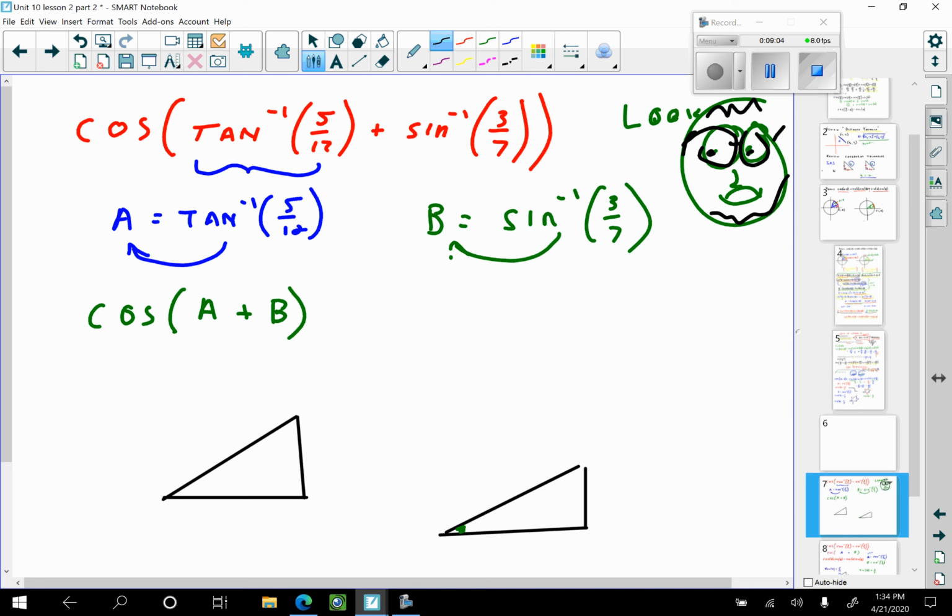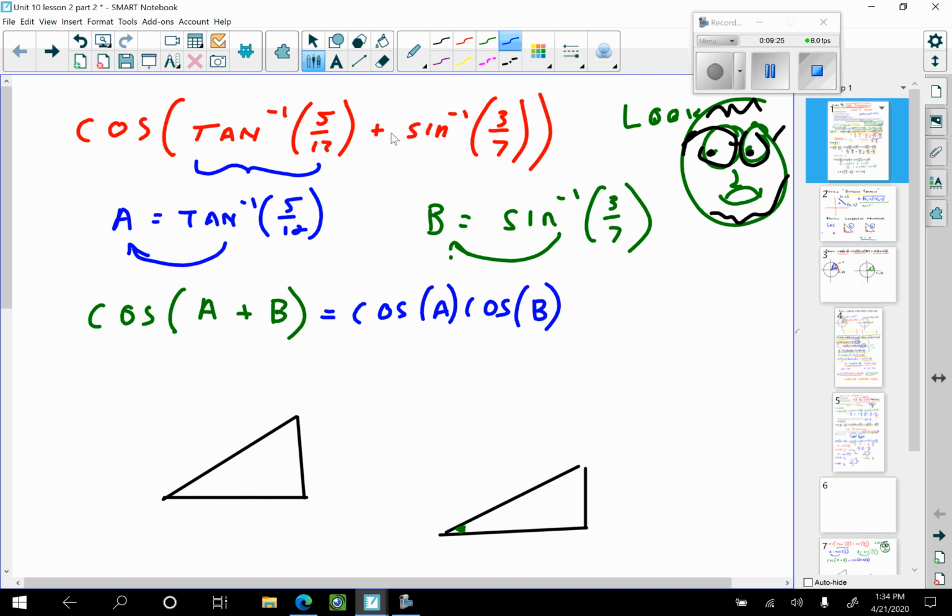This problem here is going to look exactly like this problem. Okay, so what's the cosine of A plus B? That's going to equal cosine of A, cosine of B. Oh, is it plus or minus? Well, let's go back to the original and look.